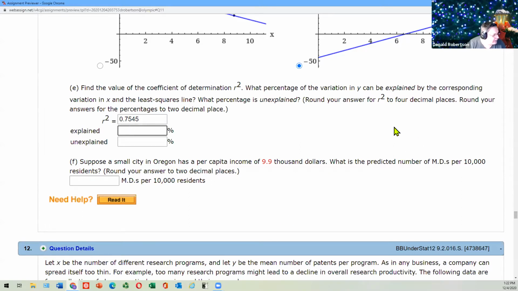Now, explained is going to be to 2 decimal places. So 75.45, which is basically that guy turned into percentage. So about 3/4 of the variation is explained for in the model. That's what that is. And that means the rest, which is what, 24.55% is unexplained.